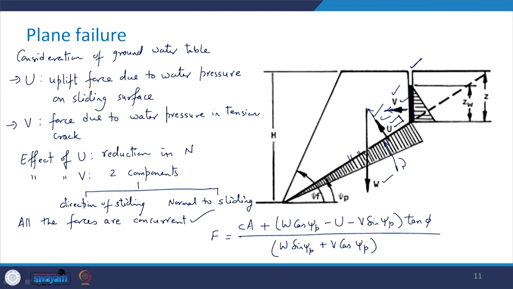Now, you can substitute the expression for W, A, etc., and you know how to determine these, and therefore, you should be in a position to obtain the factor of safety under the condition when there is a presence of the groundwater table or the water is present in the tension crack.